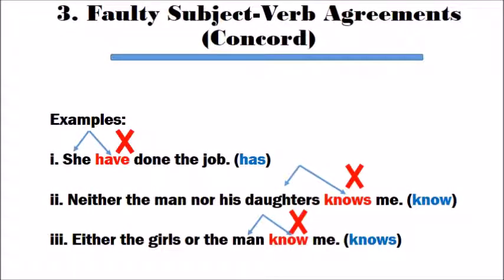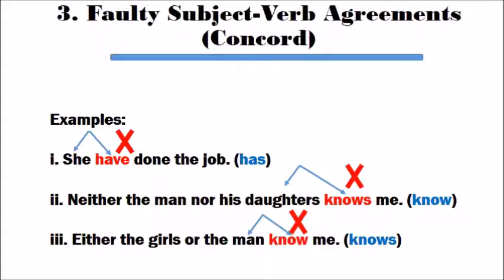A third set of errors occur when we talk about the agreement between subjects and verbs in sentences. The agreement is sometimes called concord. There is a background assumption that in every declarative sentence, the subject in the sentence must agree in number with the verb in that sentence.